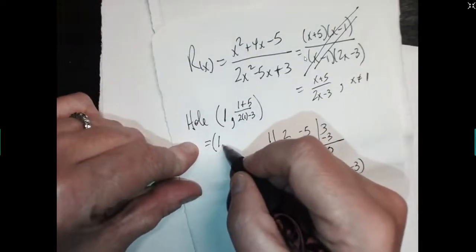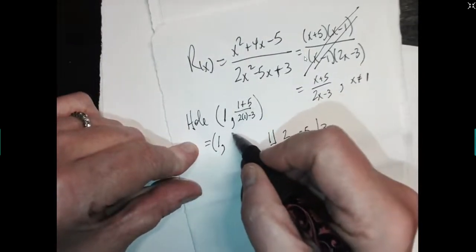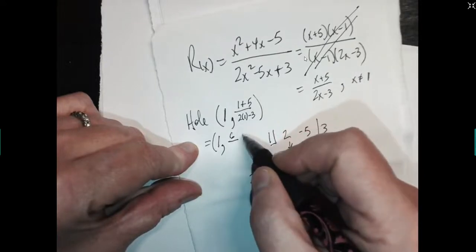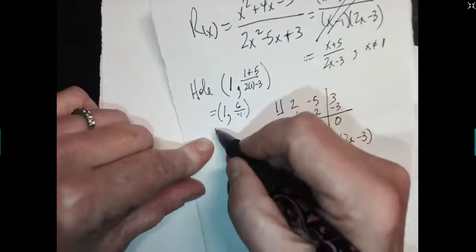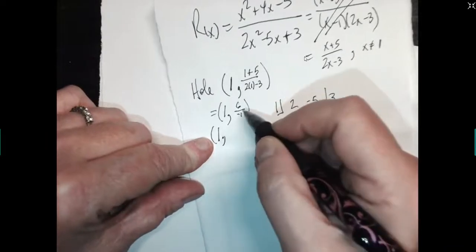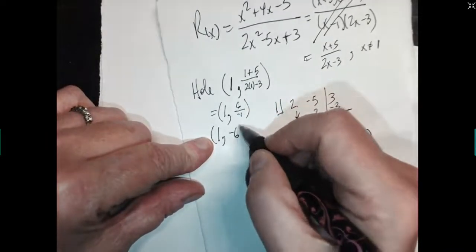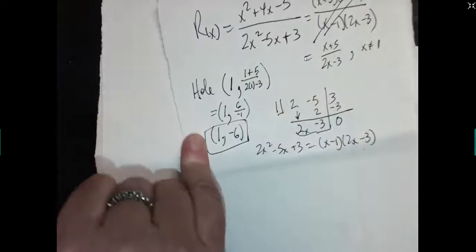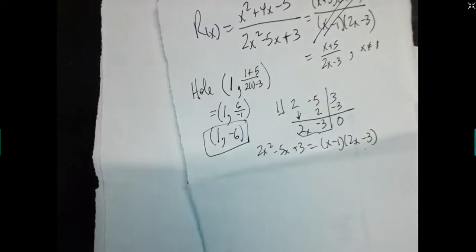So the hole's going to be at 1 comma, the top's going to be 6, and the bottom's going to be 2 minus 3, which is -1. So the top's going to be, 6 over -1 is -6. So that's where the hole is, 1 comma -6.